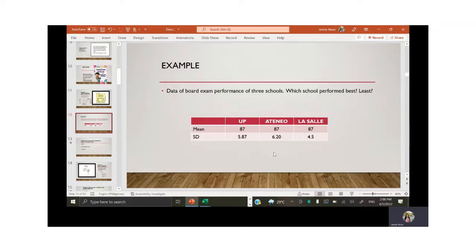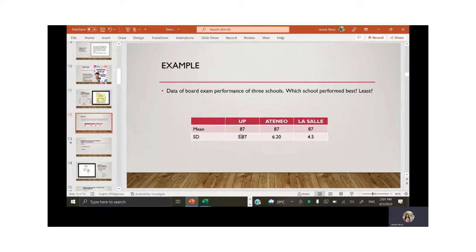Now, if you look at these scores, which do you think is the best performing school? Since they all have the same mean scores, can you use this as a clue to make any conclusion from the data? No, kasi pareho lang naman sila ng mean scores, 87%.